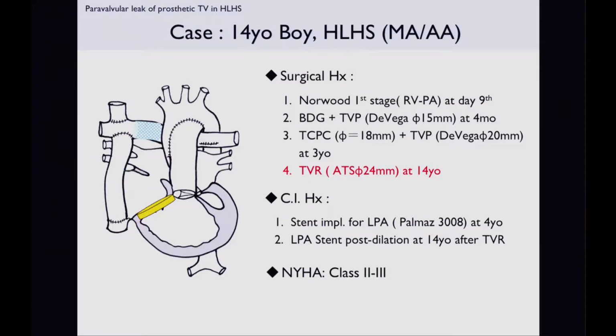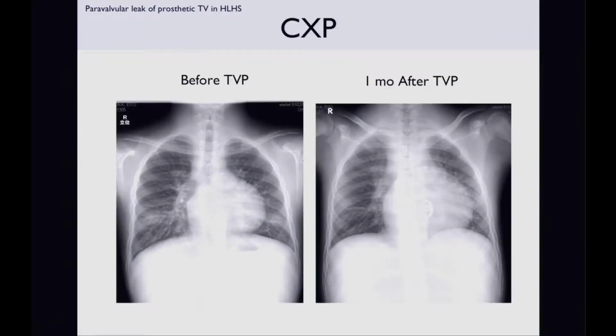His status was NYHA class 2 to 3. This chest X-ray shows the right side before TVR and the left side one month after TVR. I don't know why the cardiomegaly progressed.